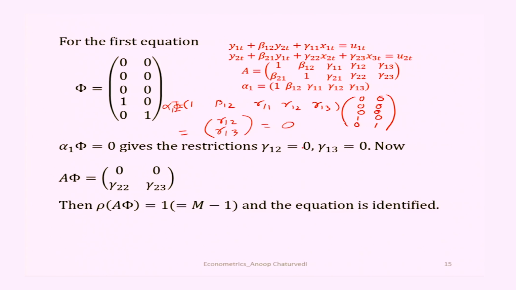So, this leads to the restriction that gamma 1 2 equal to 0, gamma 1 3 equal to 0. Then we obtain capital A phi. A phi is equal to 0 0 gamma 2 2 gamma 2 3.